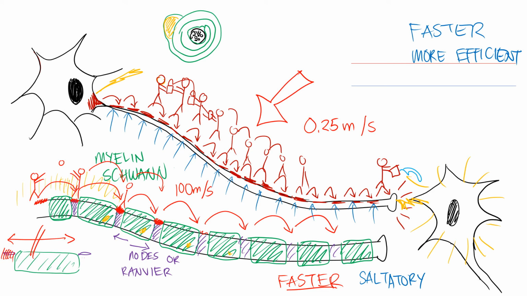But in this case, you have fewer depolarizations going on. So you have less energy used. So your myelin is pretty helpful because it makes your transmissions better by making it faster and more energy efficient.